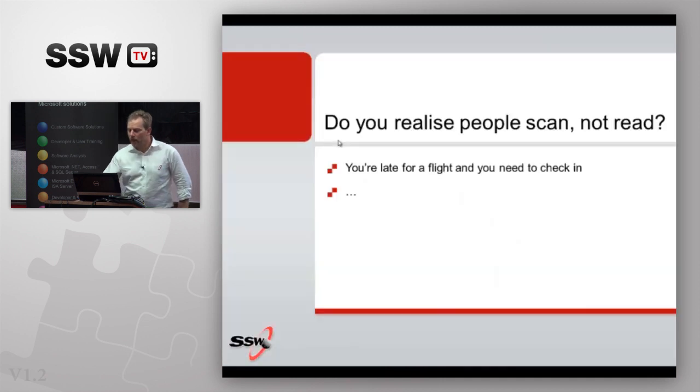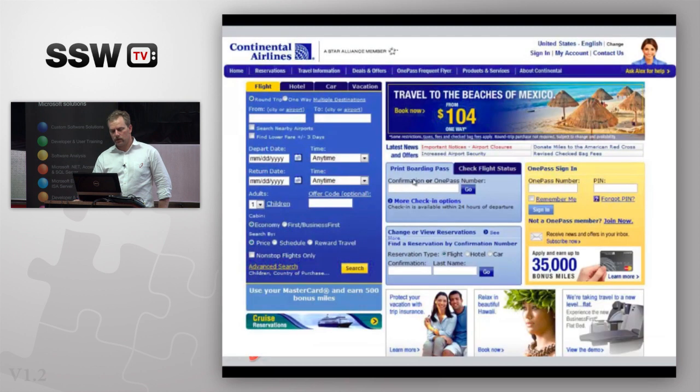Okay, so next thing is, do you know how people scan, not read? So Tim, you're late for a flight, you need to check in. And this is a real screenshot I took. Okay, Tim, how do I check in? This is Continental. I need to check in right now. You are running late for the airplane.